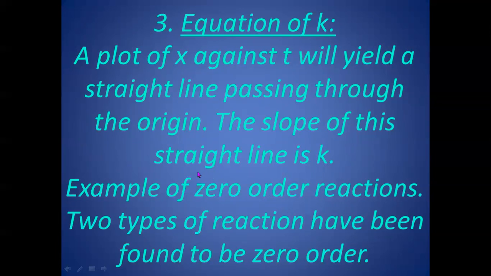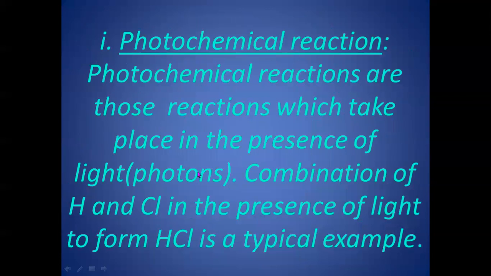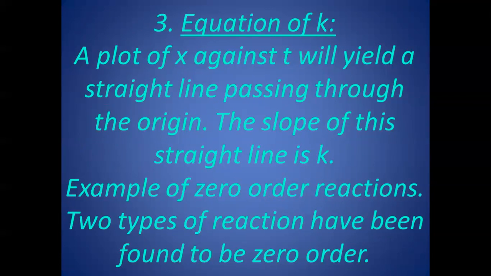You know how to find the slope of the straight line. It can be calculated with the help of the angle made with the x-axis, tan alpha or tan theta, or otherwise we can find the ratio of difference of y coordinate to difference of x coordinate, that is k is equal to delta y by delta x. It will be called the slope, and the value will give you the value of k.